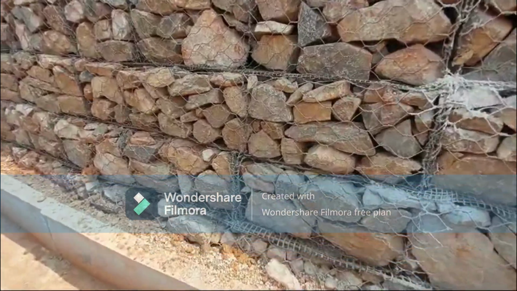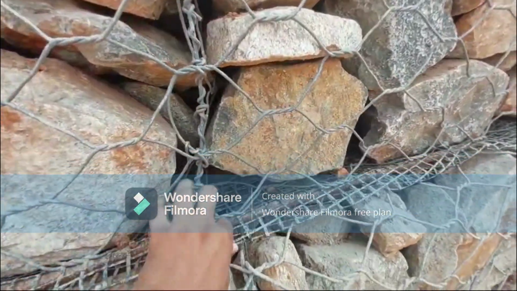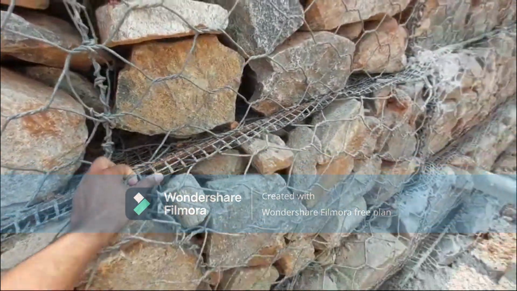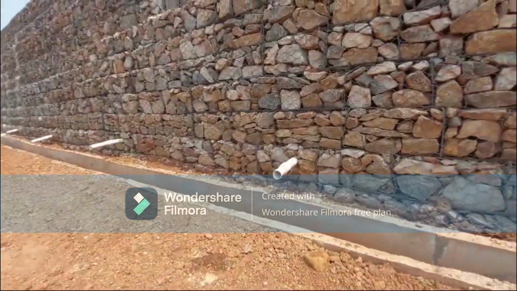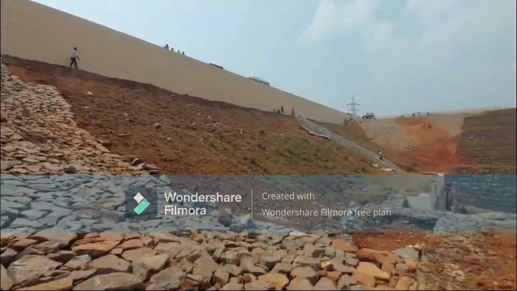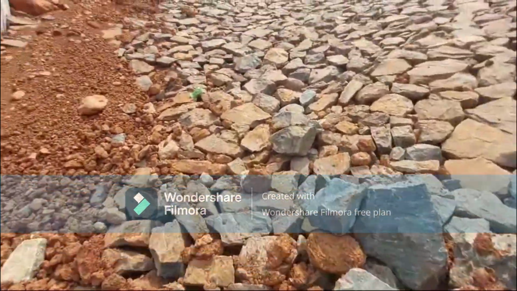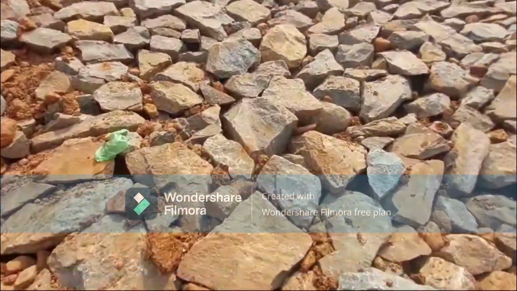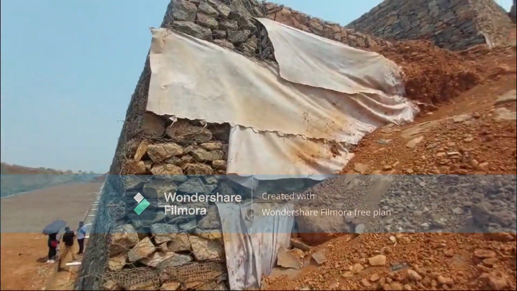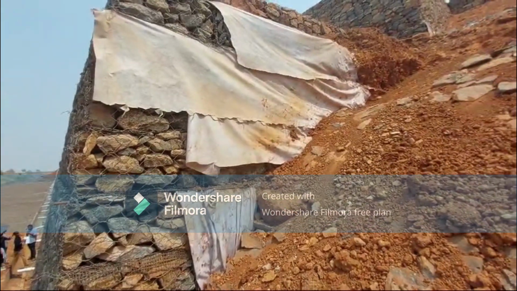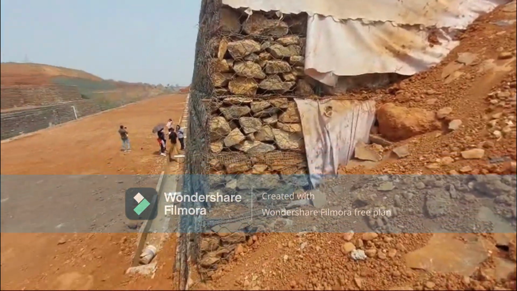This wall is constructed in layers, and each layer has geogrid provided. You can see at the approach of the slide slope, they provided boulders to prevent erosion, and they also provided geotextile for separation and to prevent penetration of the fine material into the gabion wall box.